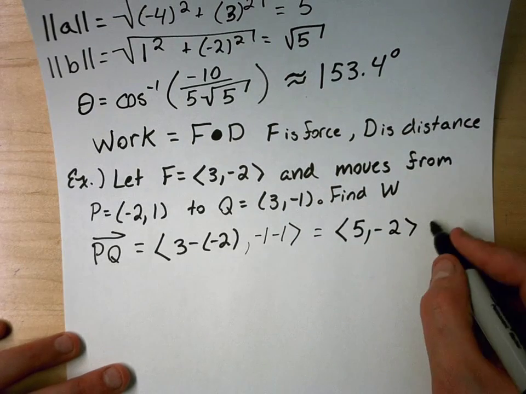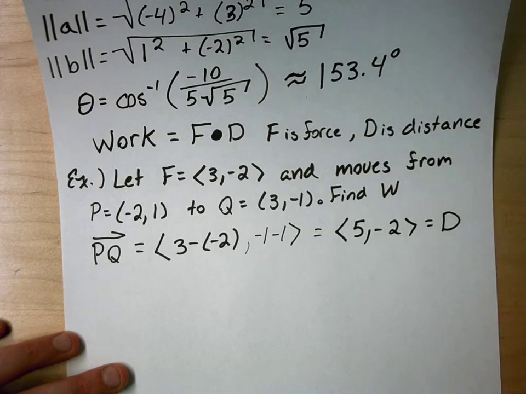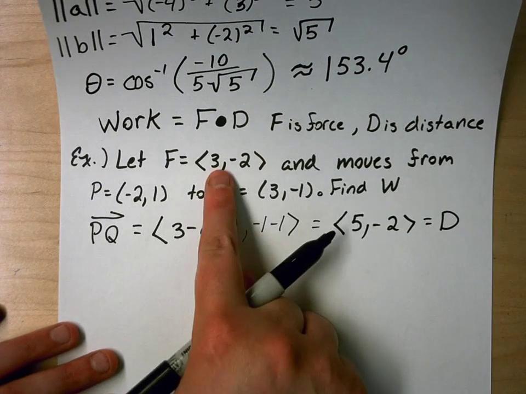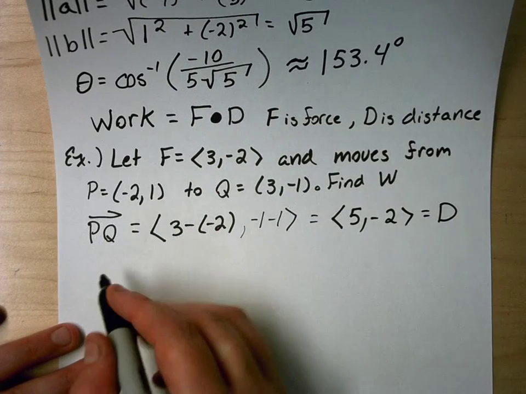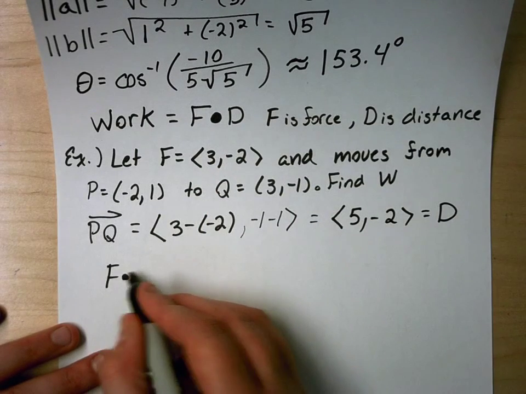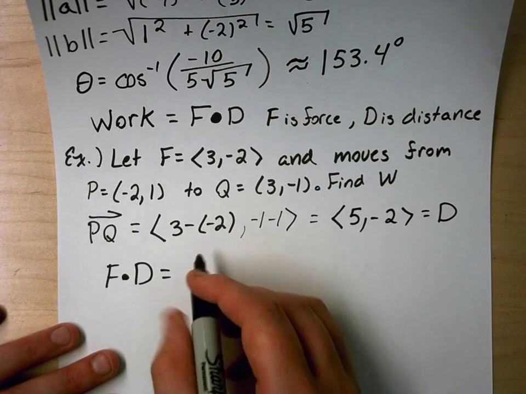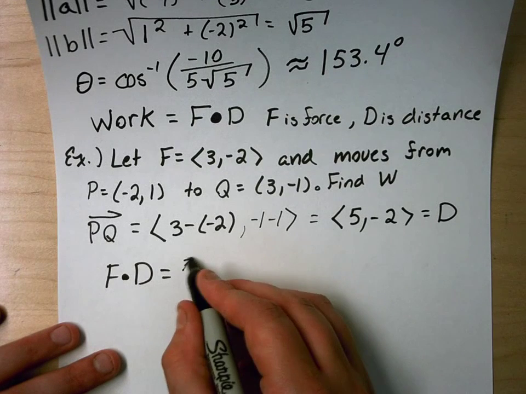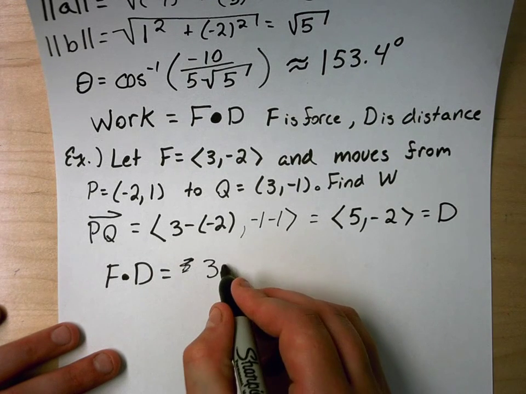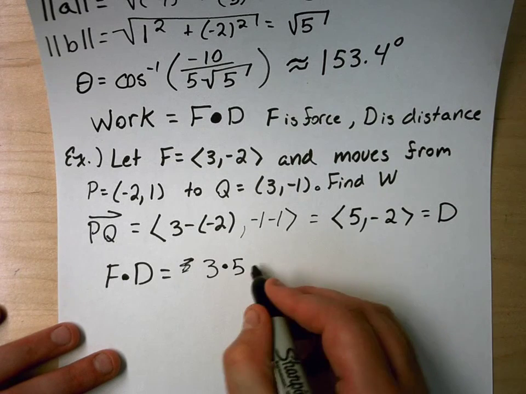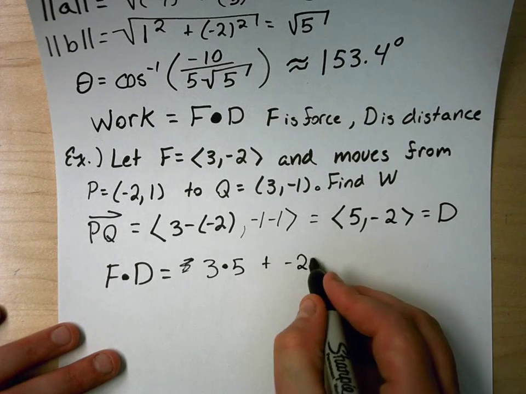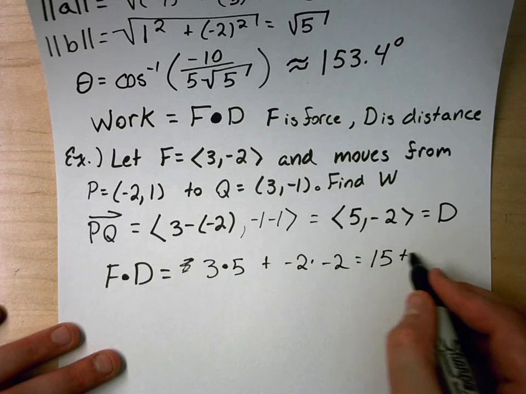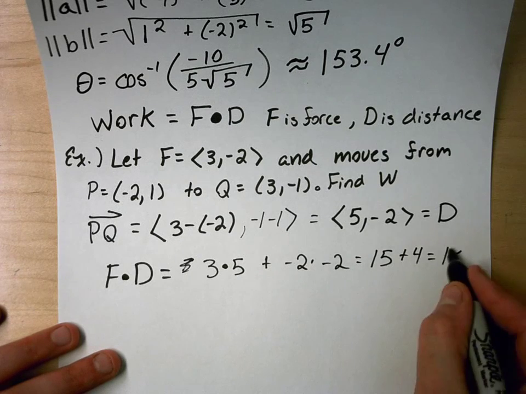And that's going to give me my distance traveled, so that's going to be my D. Then I have my F and I have my D. I just need to do F dot D, which is 3 times 5 plus negative 2 times negative 2, which is 15 plus 4, which gives me 19.